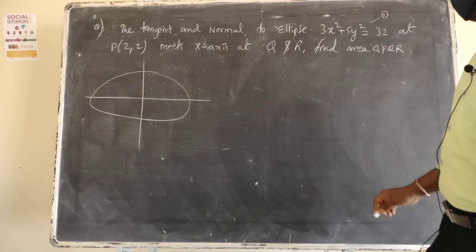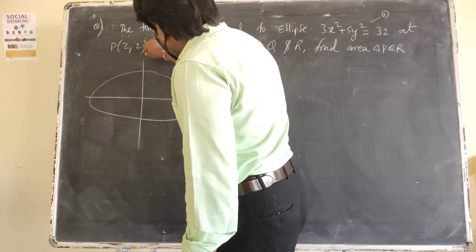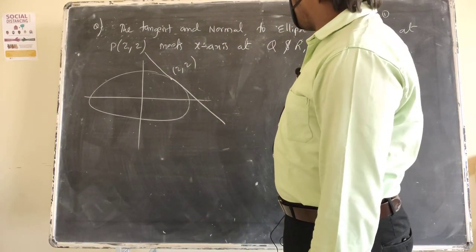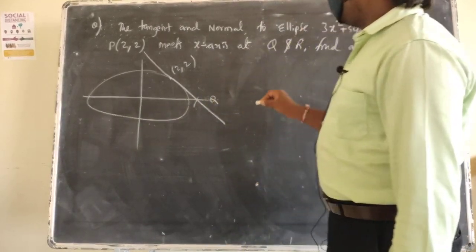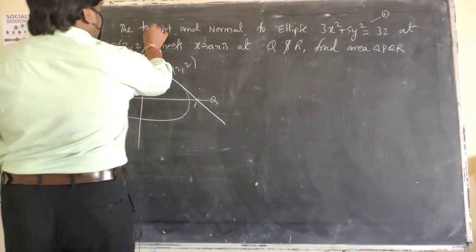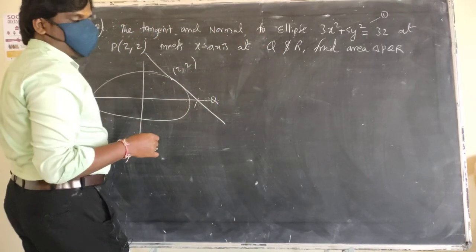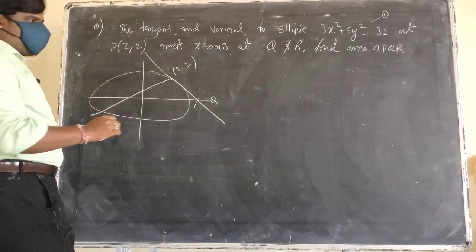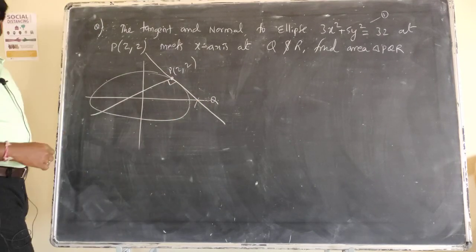He is saying that at the point P(2, 2) there is a tangent which is cutting the x-axis at Q, and there is also a normal from point P. From this point a tangent is drawn and a normal is drawn.